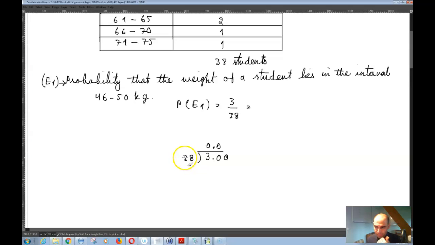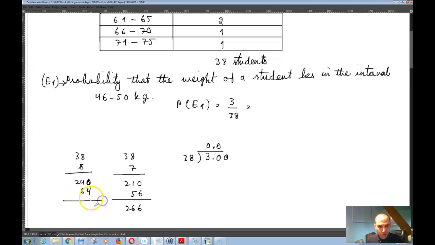Working out 3 divided by 38: 38 times 7 is equal to 266, and 38 times 8 is equal to 304. 38 times 9 is 342.